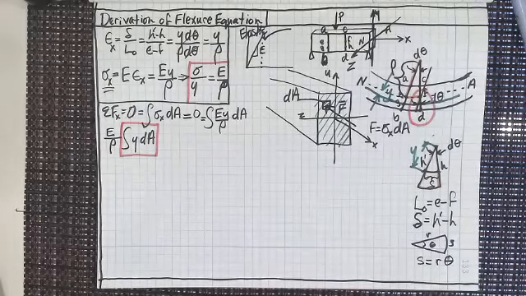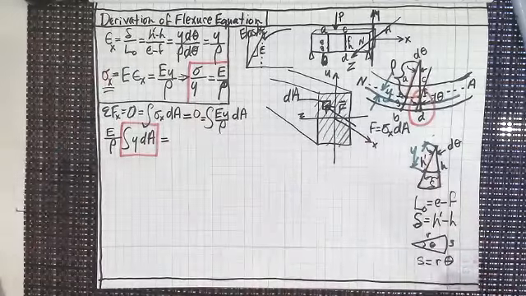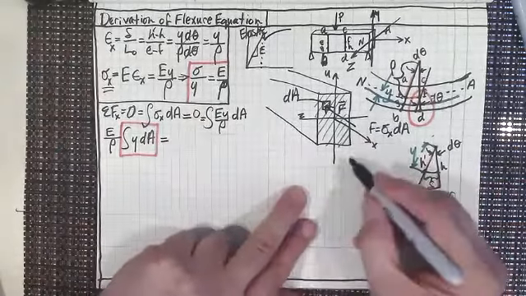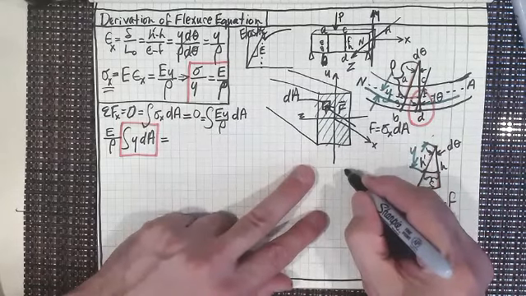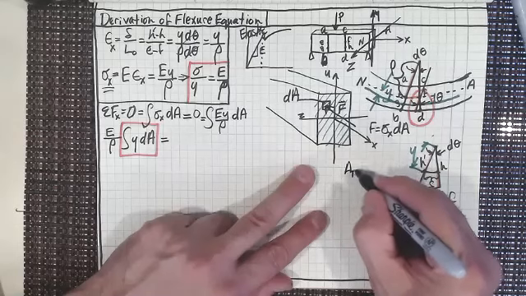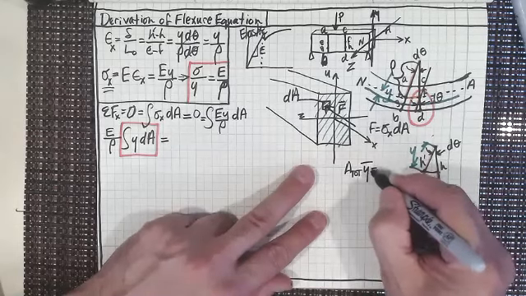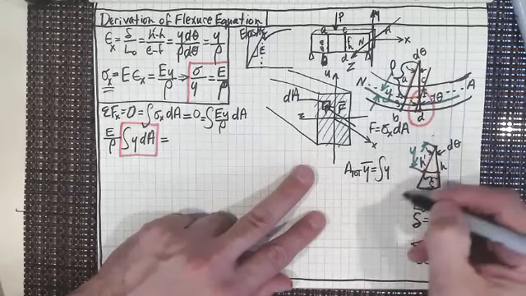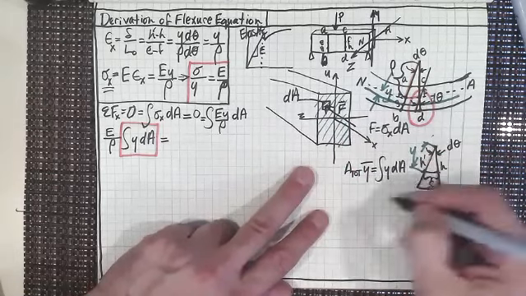And I know what you're saying. You're saying that's a centroid, right? That's why we learned centroids in statics, because we were eventually going to get to strength of materials and we had to know them. And we know that the total cross-sectional area times the centroid of that cross-sectional area equals the integral of y dA over all the small differential areas.